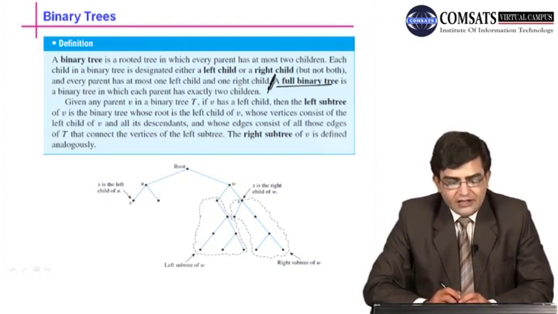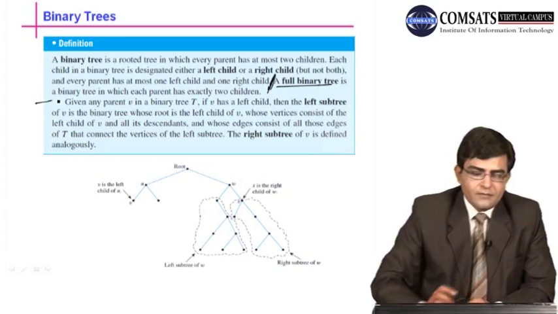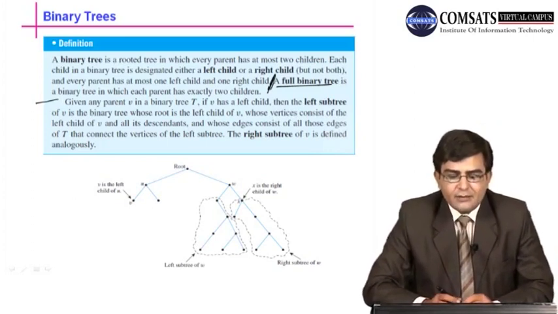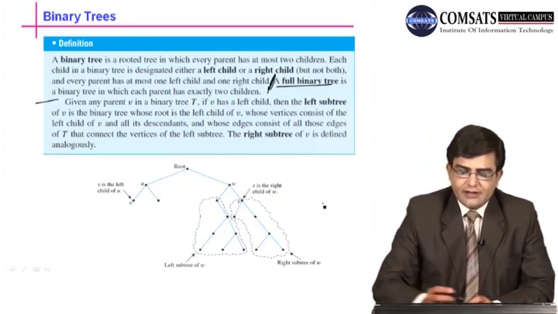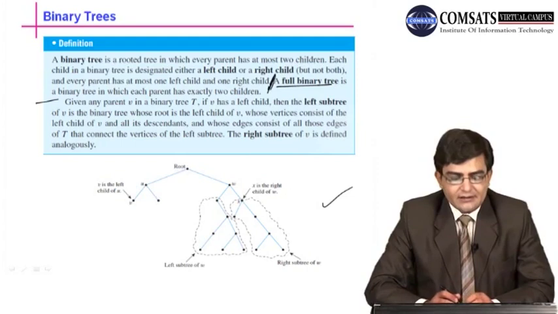Now, given any parent v in a binary tree T, if v has a left child, then the left subtree of v is the binary tree whose root is the left child of v. You can see this figure and understand better.